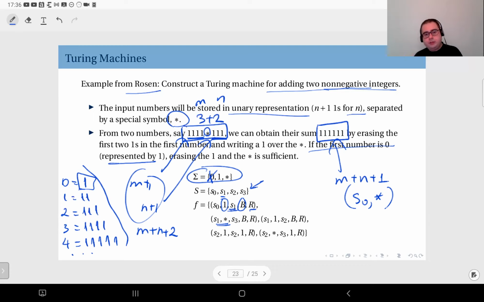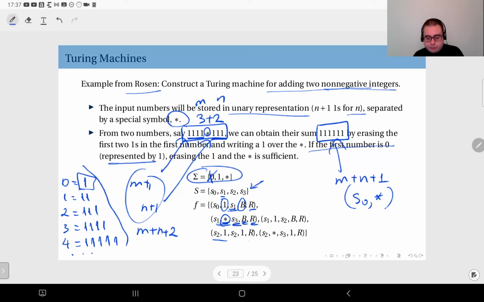If that is the separator, it means that the first number was 0, which means just erase the separator and you are done, because adding 0 is actually doing nothing. What remains is the second number anyway, so that is the result. Therefore, if you encounter the separator in the second position, go to S3, which is going to be the final state, and instead of the separator, put a blank, so essentially erase the separator and go right.